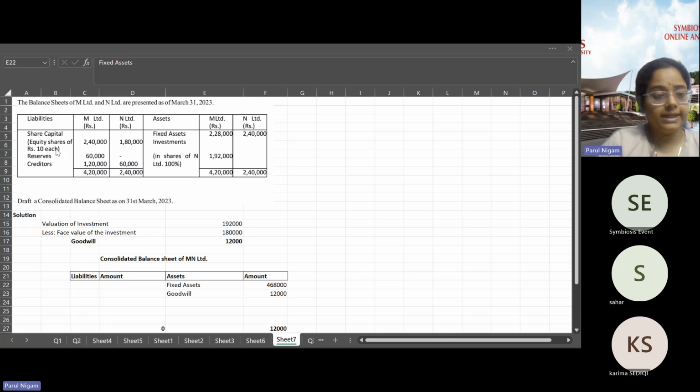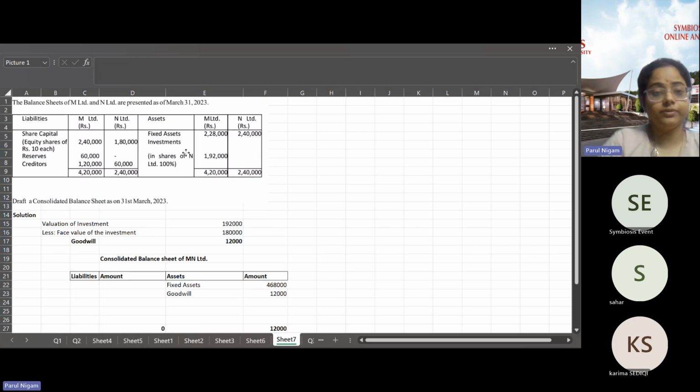Now, if you see the liabilities, you have creditors, you have reserves, and you have share capital. If you see the share capital, you are going to record this because N Limited is going to be knocked off. Knocked off as in 1,80,000 is over here and this investment is over here. So it basically knocks off and you don't reflect the fair value then.